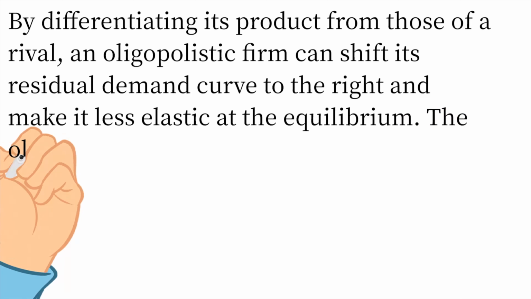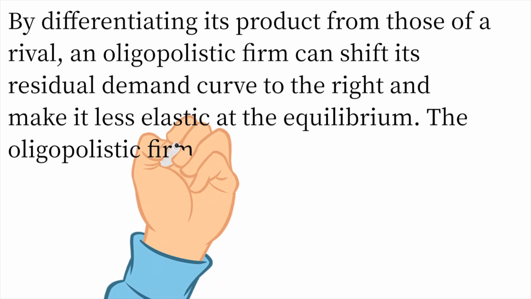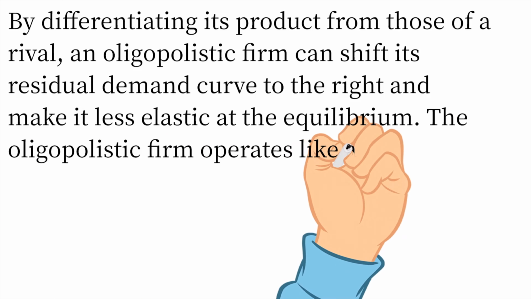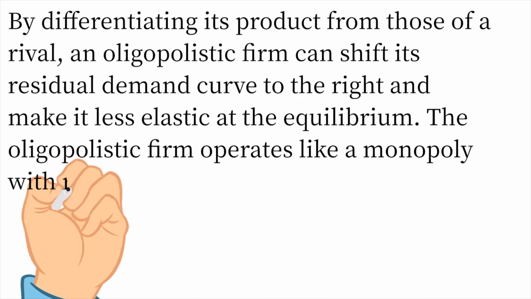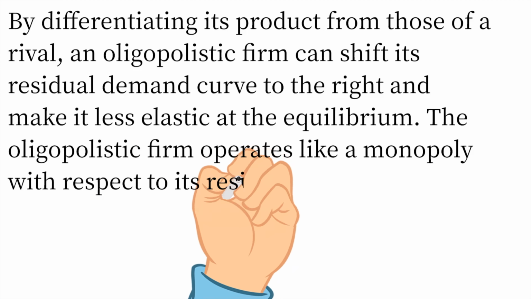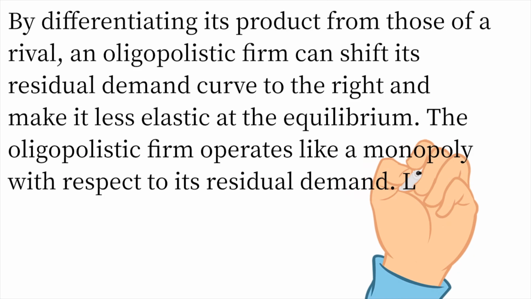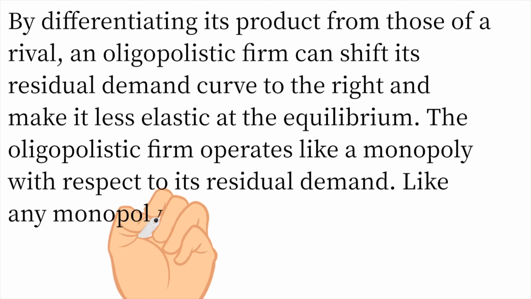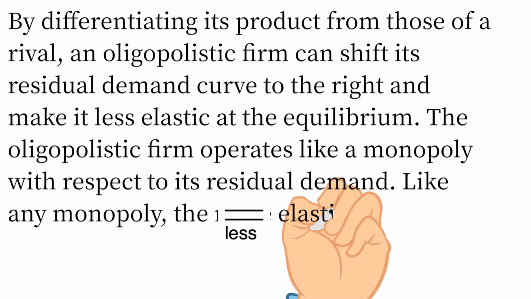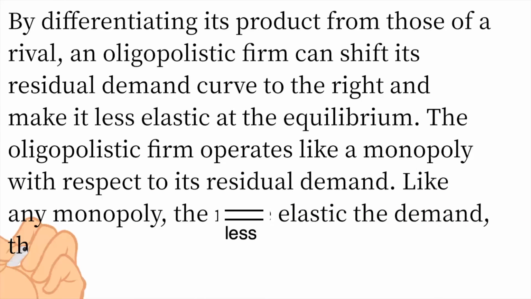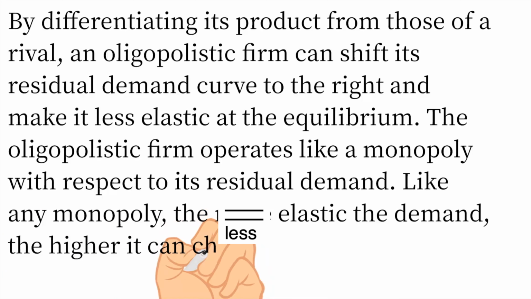The oligopolistic firm operates like a monopoly with respect to its residual demand. Like any monopoly, the less elastic the demand, the higher price it can charge to maximize its profit.